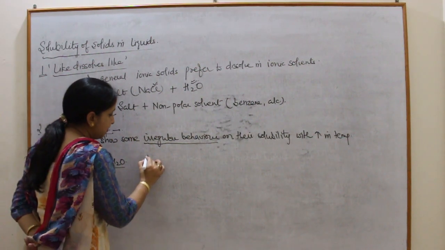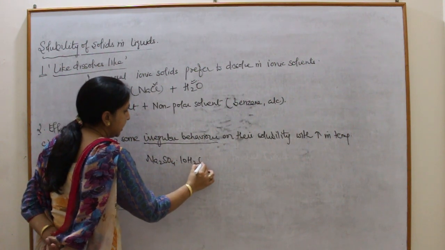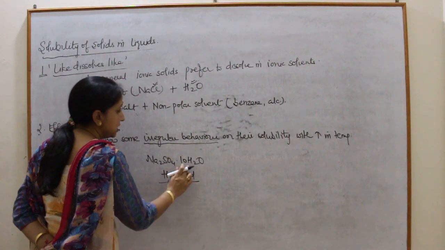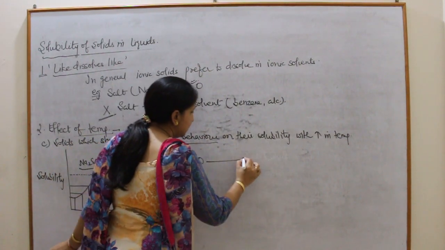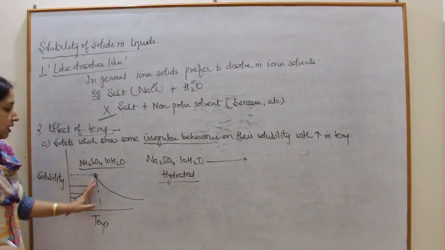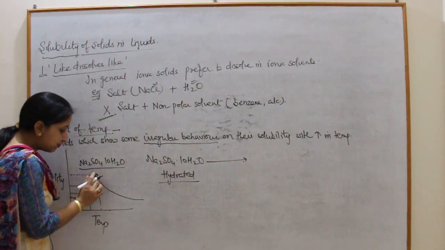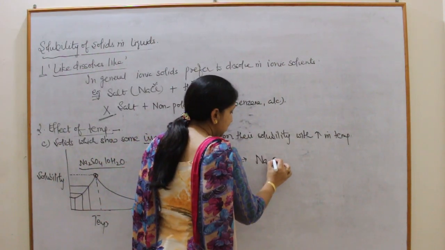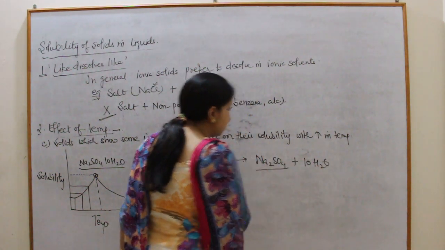This sodium sulfate is in hydrated form. Hydrated form means it has 10 moles of water. With the increase in temperature, it starts losing its water molecules and its solubility goes on increasing with the increase in temperature. But at this particular temperature, it is completely changed into a new solid which has no moles of water.